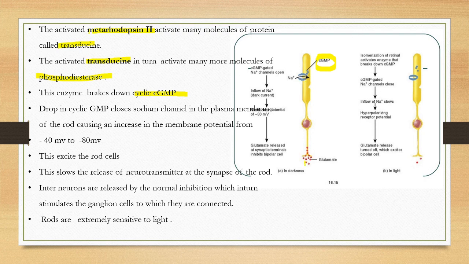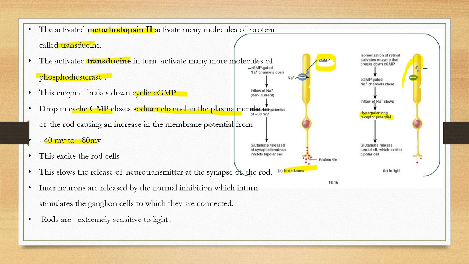So this normally happens during the darkness. What does the phosphodiesterase do here? It breaks down the cyclic GMP so that the cyclic GMP is not available, so that it closes the sodium channel in the plasma membrane of the rod. It closes here, so that the sodium cannot leak back in, so that it creates a negative potential of -40 to -80 millivolts.